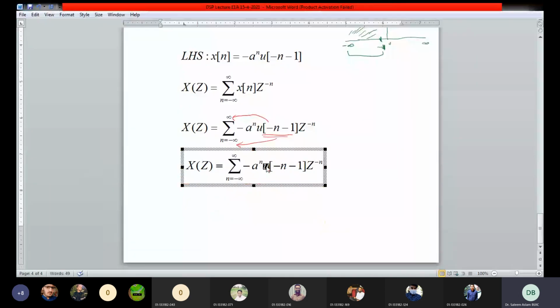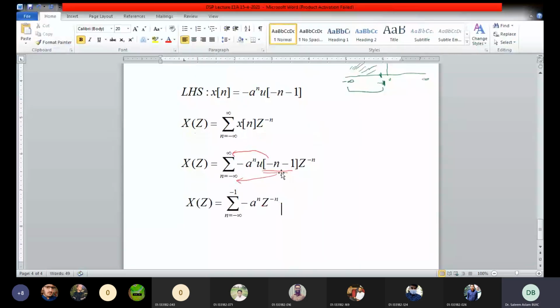I'm removing this u of minus n minus 1 and changing the limit from minus infinity to minus 1. Sorry, we are not going to change the lower limit, but this time the upper limit. In case of a right-handed sequence, we change the lower limit. In case of a left-handed sequence, our upper limit will change.